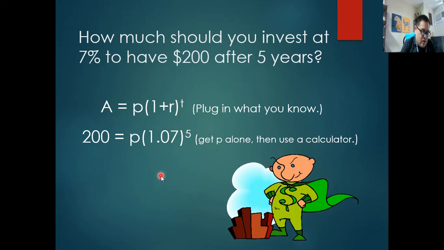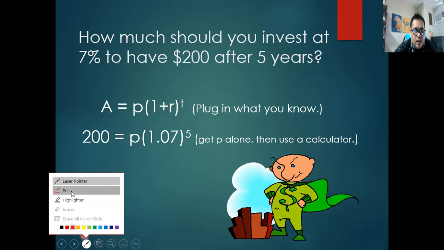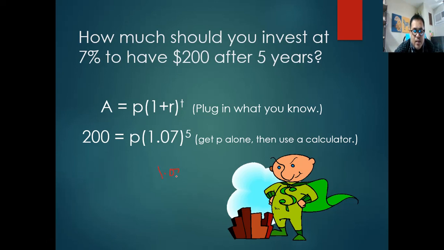So using your calculator now, 1.07 raised to 5 is equal to 1.4025517307.